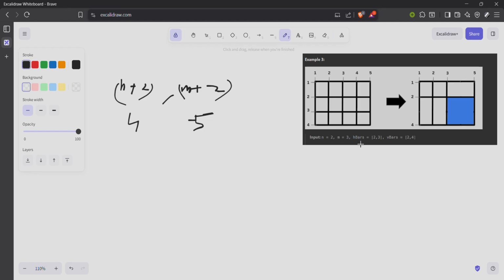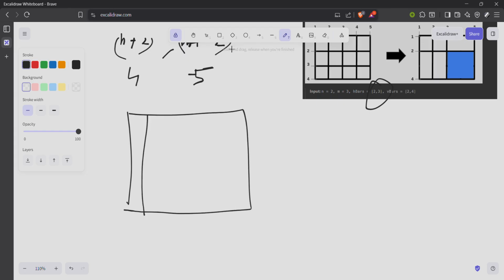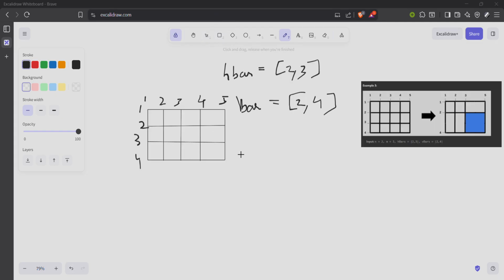H bars are 2 and 3, and V bars are given 2 and 4. So let's draw the grid first. Okay, so this is the grid. We have H bar as 2 comma 3, V bar as 2 comma 4.